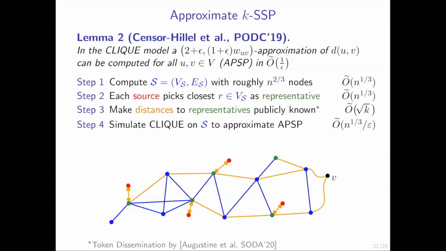Then in the fourth step, we simulate the CLIQUE model on the skeleton to approximate the APSP problem. And then finally, in the fifth step, we extend the solution from the skeleton to the whole graph. And now every node can compute its distance to every source, leveraging the knowledge of the distance to every skeleton node and the knowledge of the distances from representatives to sources.